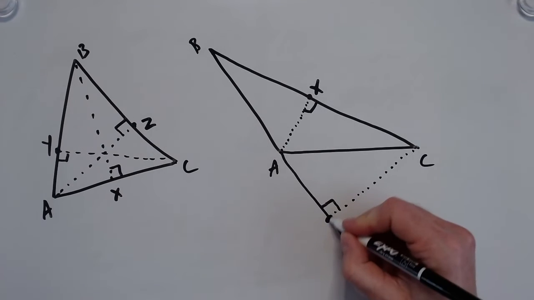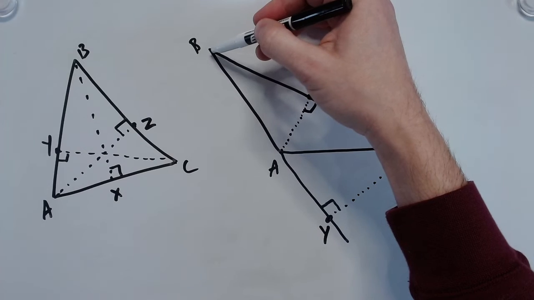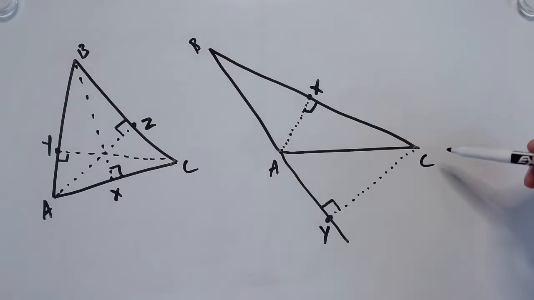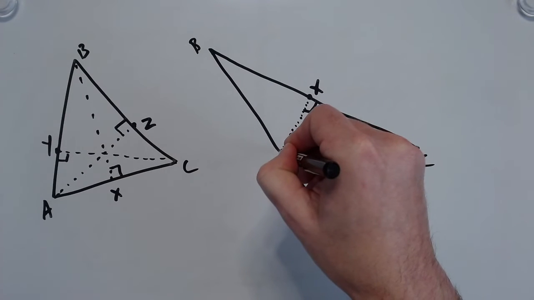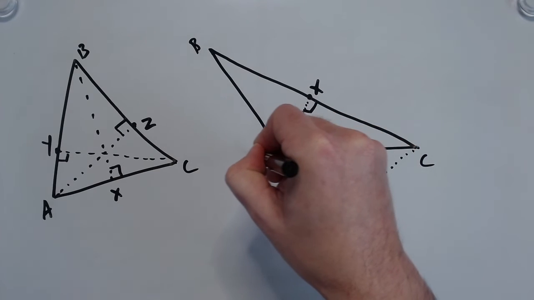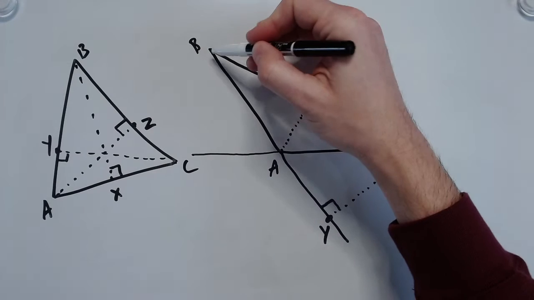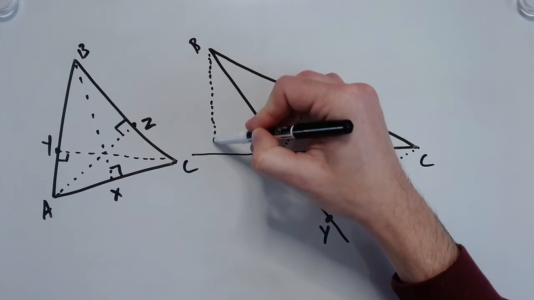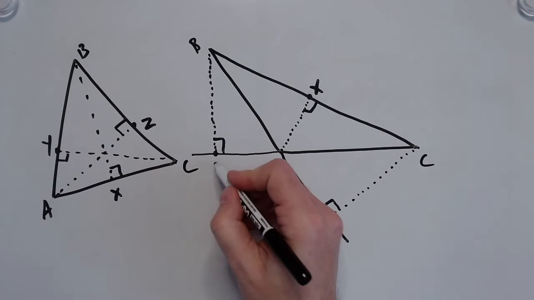We'll just call this Y. Now you have to go from B to AC in such a way that we're perpendicular. It's already kind of flat to the table here. So I'm just going to extend this out to about here, not run into the other triangle. And this altitude is going to be more or less straight up and down, coming down to here. X, Y, and Z.